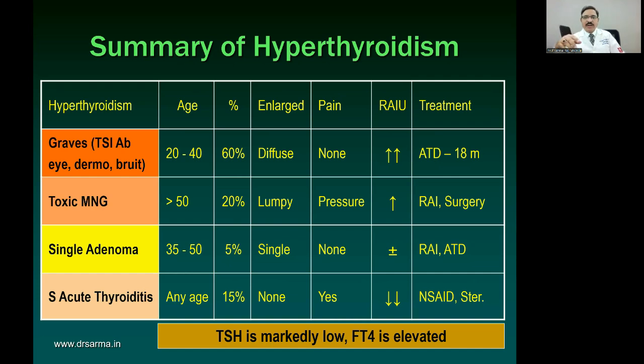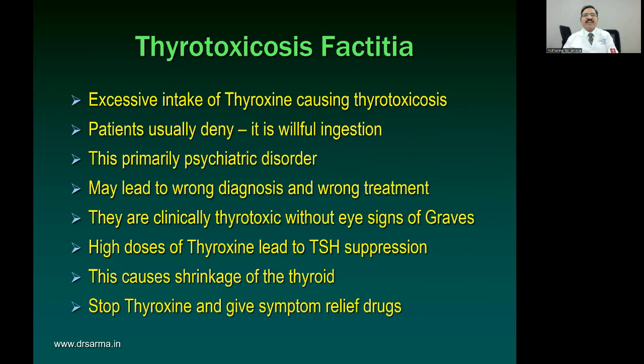TSH is markedly low, FT4 is elevated. That means it is primary hyperthyroidism. What is thyrotoxicosis factitia? Excessive intake of thyroxine causing thyrotoxicosis. Patients, sometimes with a primary psychiatric disorder, will have 100 microgram tablets of thyroxine and take 10 tablets.